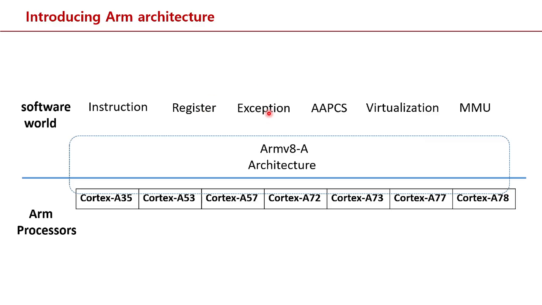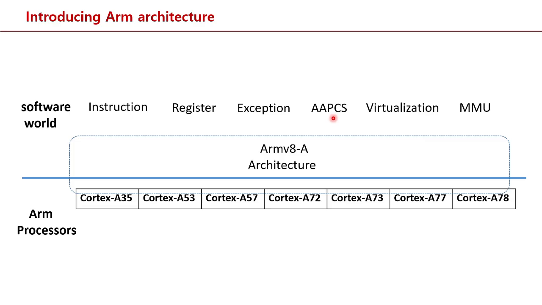Another important feature is exception. In the ARM version 8 architecture, the program counter jumps to the exception vector address when an exception occurs. The main cause of exception is memory abort, and another cause of exception is when a peripheral device fires or triggers an interrupt. Another feature is the calling convention in ARM architecture.